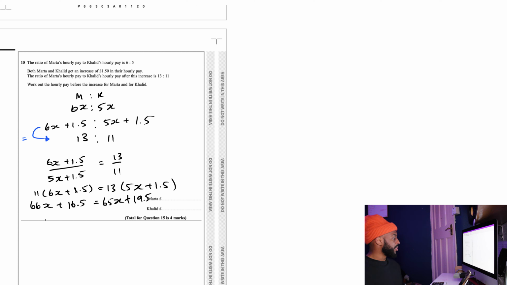Minus 65x from both sides gives us x. And then 19.5 minus 16.5 gives us 3. So x equals 3. And then we're just going to times these by 3. So that means M originally had 6 times 3, 18 pounds per hour, and K had 15 pounds per hour.